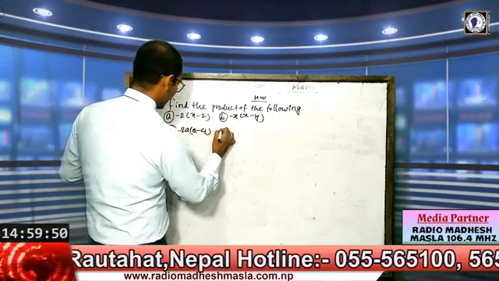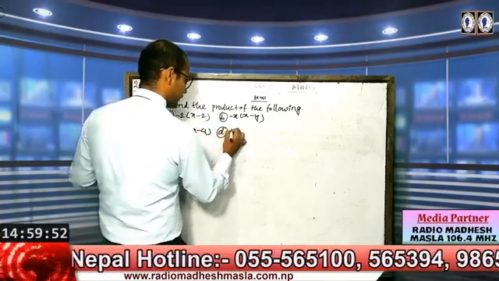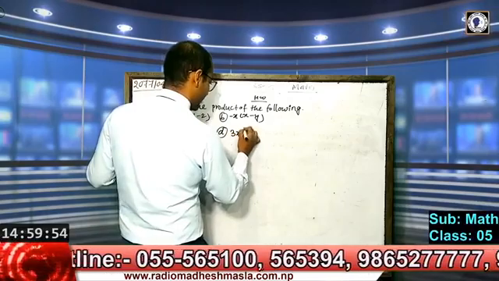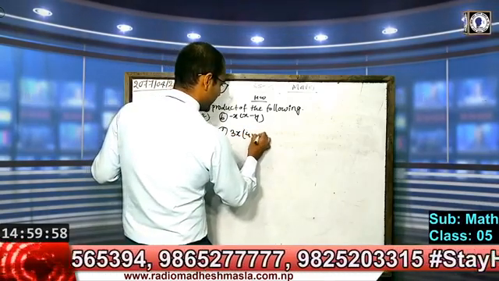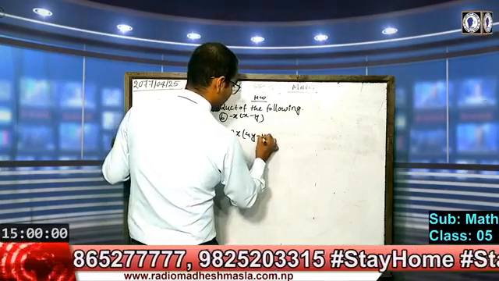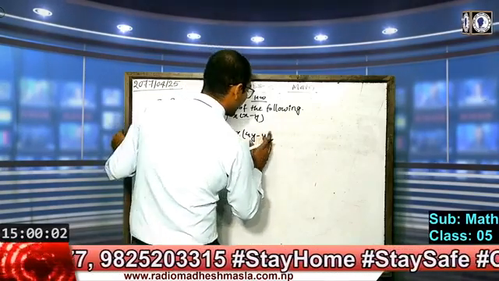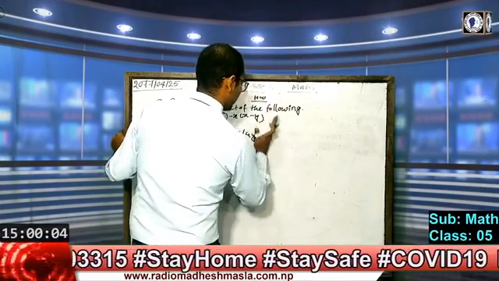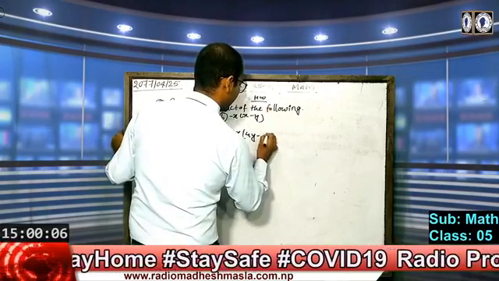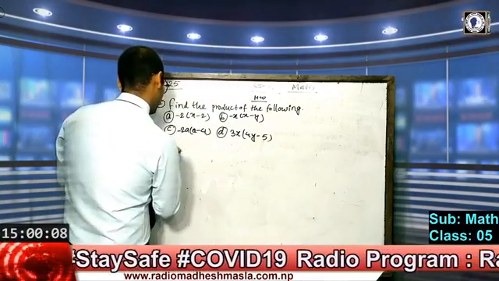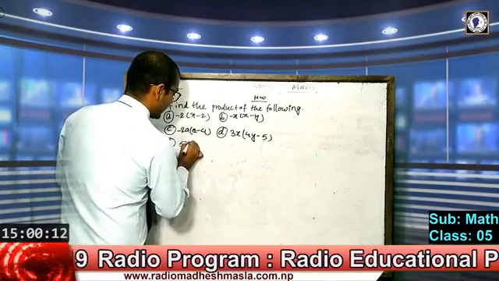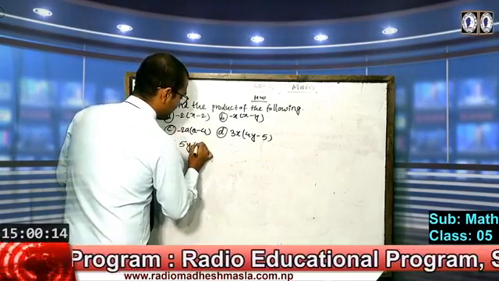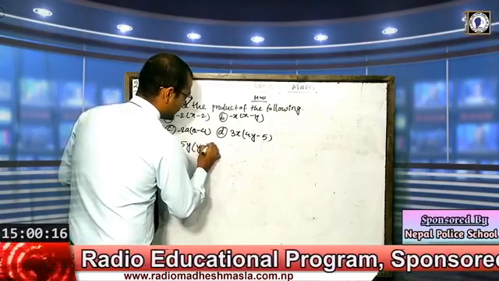D: 3x into 4y minus 5. E: 5y into y plus z.